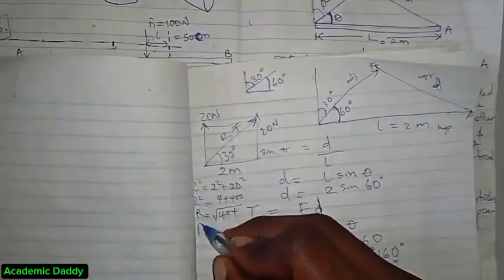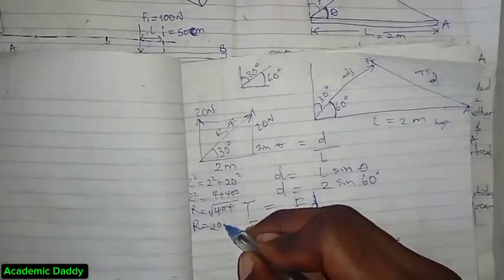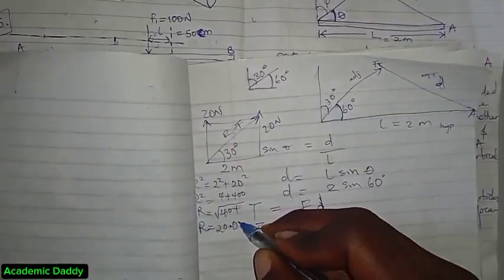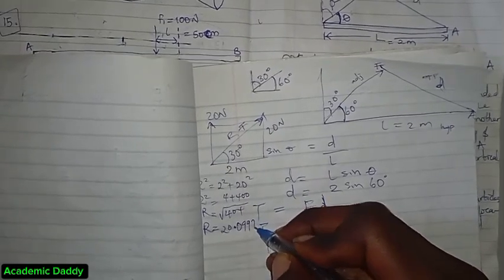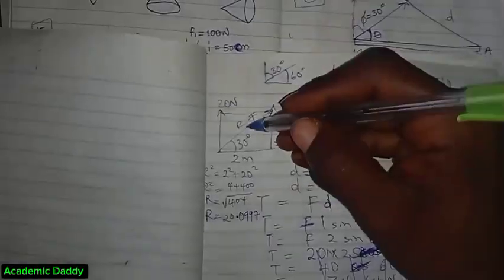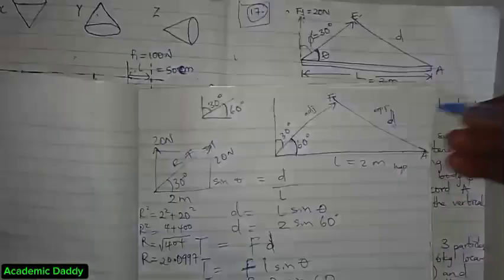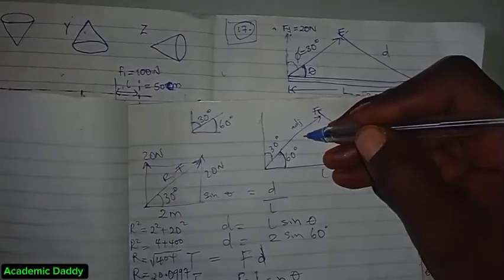So square root of 404 will give me r to be equal to 20.0997. So this is what I'm getting. And notice that the arrow I've gotten here is the force. So this force here is not 20 Newton.